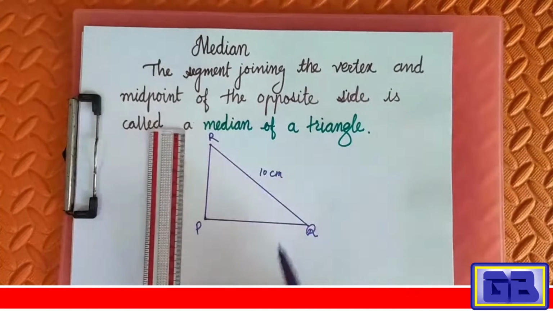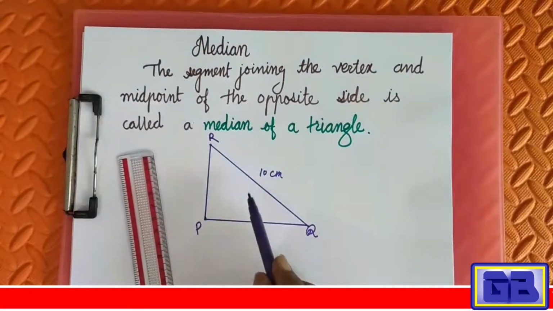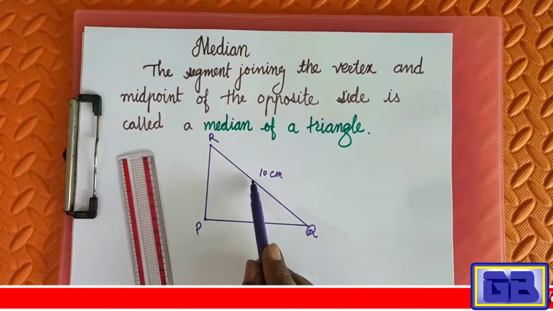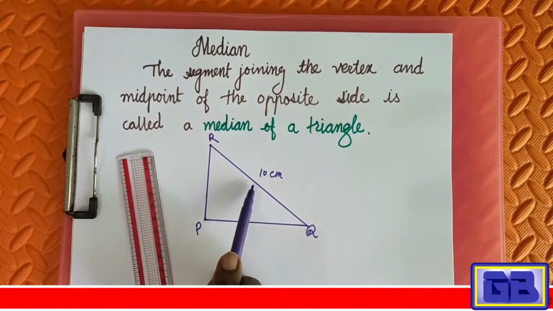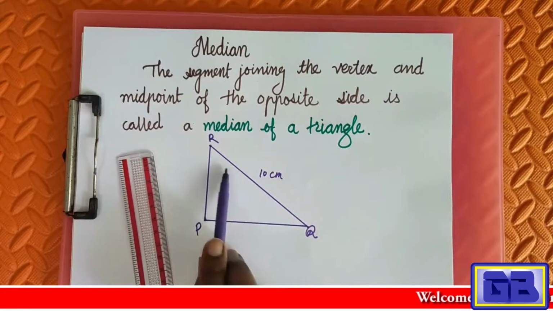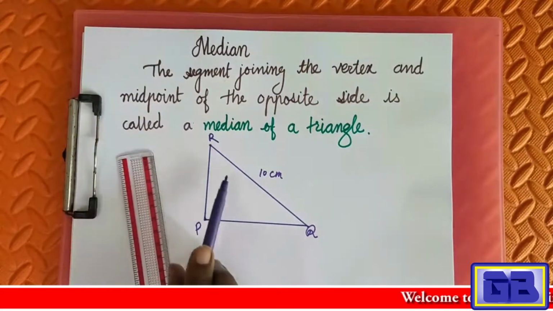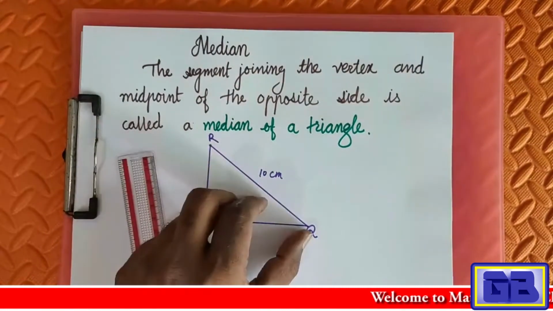Now, what is meant by midpoint? Midpoint means the point which divides the side into two equal parts. It means we have to take a point at the middle of the segment. If we divide this 10 centimeter segment into two half parts, we will get 5 centimeter and 5 centimeter.